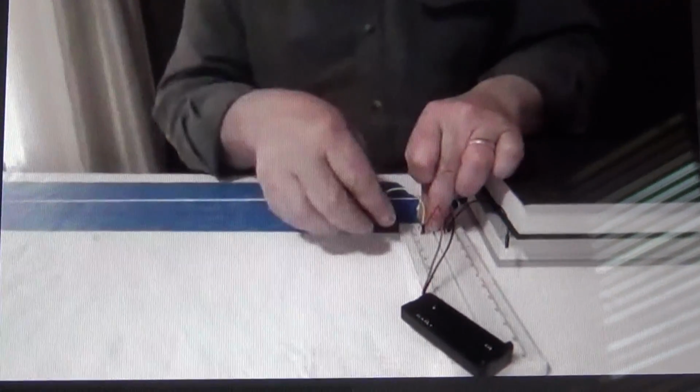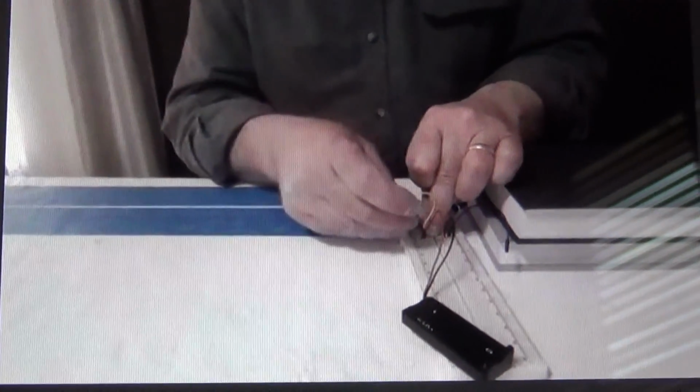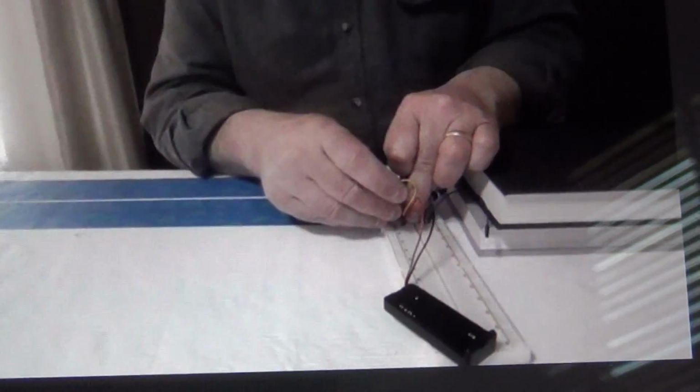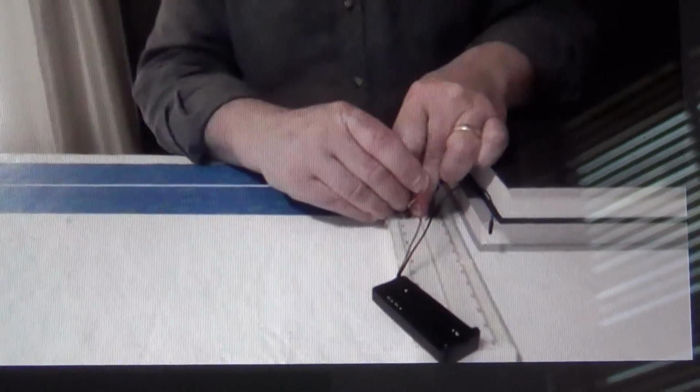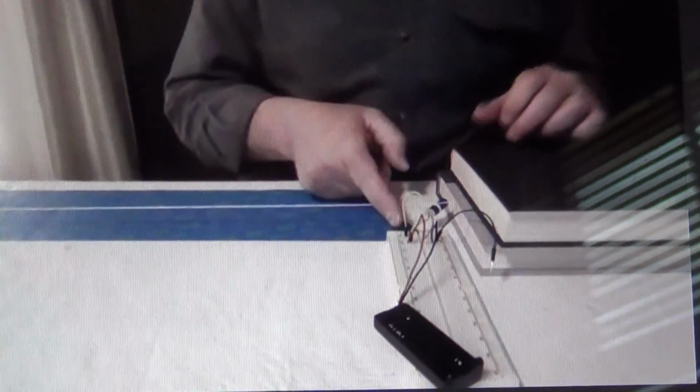I'm going to put it into one of the holes and hold it there, and then take the jumper wire and put it in the exact same hole that I'm putting the red wire, if I can get you to see that. Kind of hard because I don't have much room here.